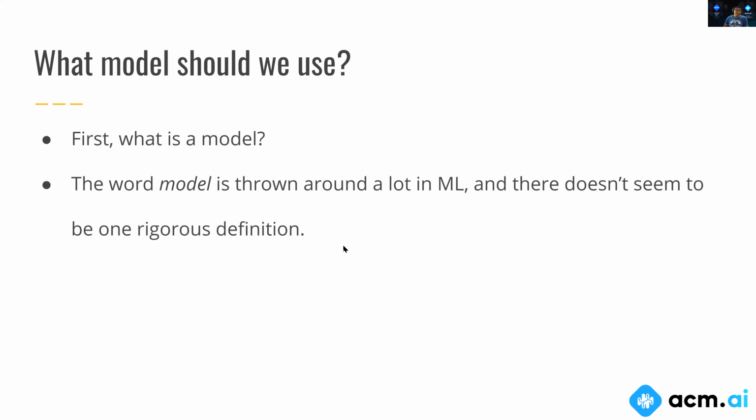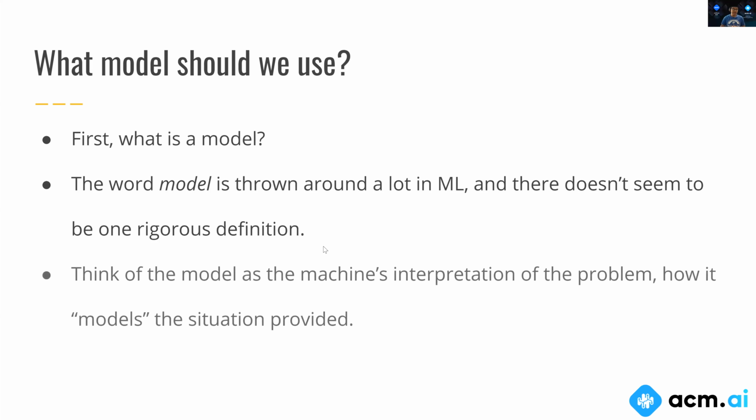All right. So I've been saying model a lot. What exactly is a model? A good way of thinking about it is the techniques a machine would use to answer a problem in a particular context. There are various different models we could use.